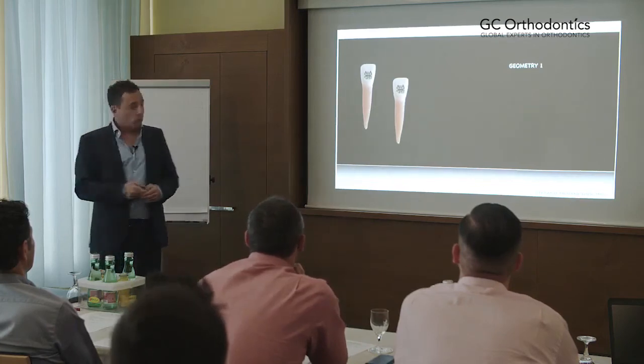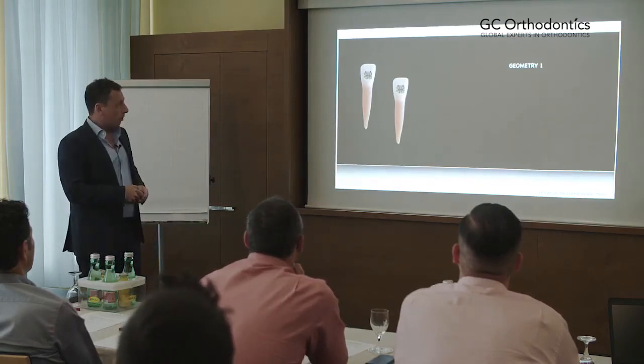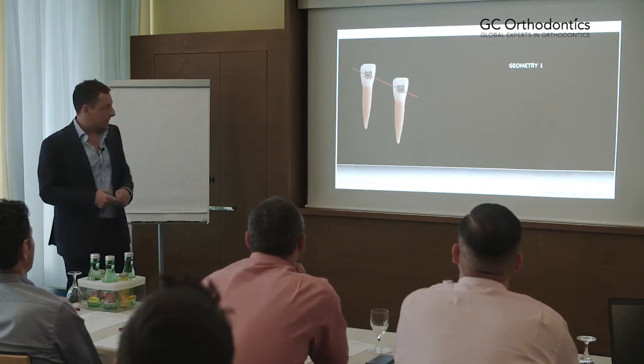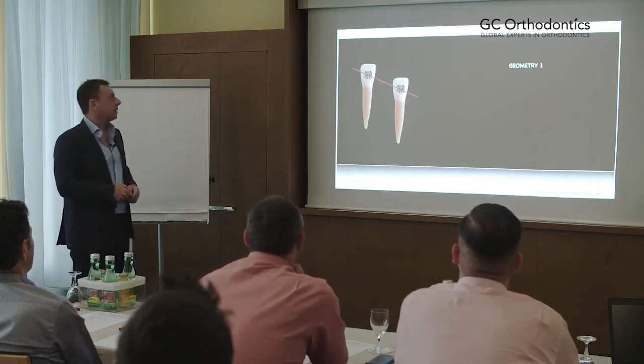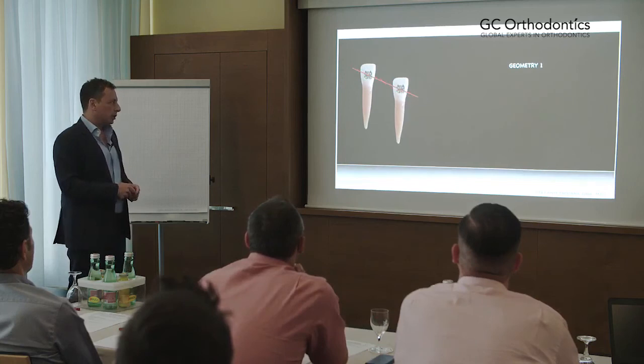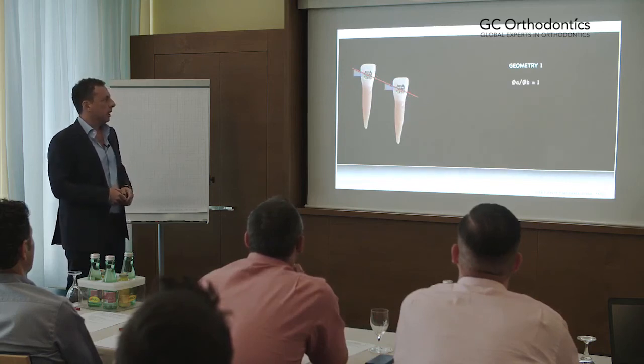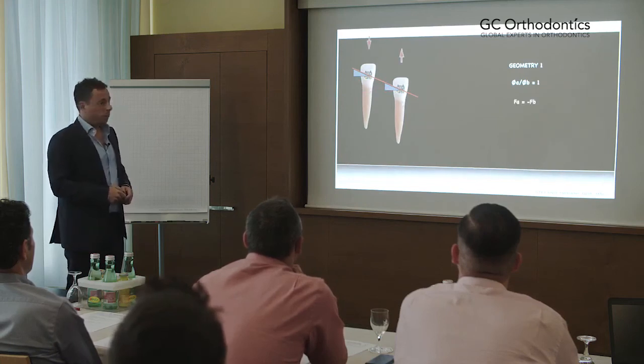Well, what you have here is what they call a geometry 1, which means that if you put a wire through the slots of the 2 brackets, you will tend to have 2 angles that are equal and on the same side. This will give you an intrusive force and an extrusive force.